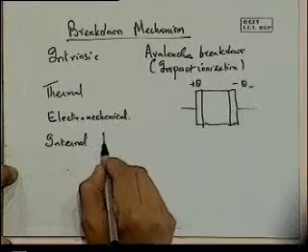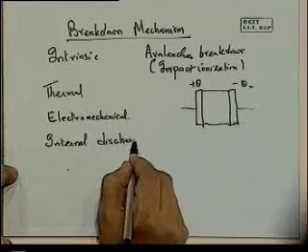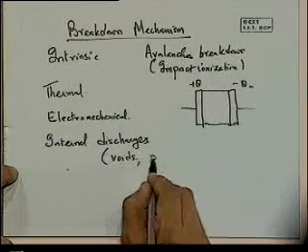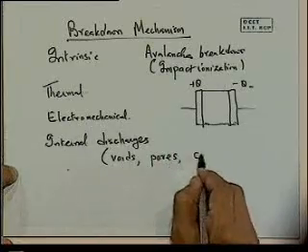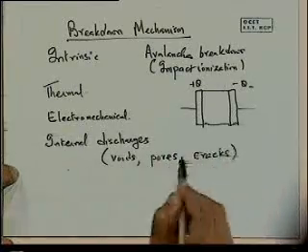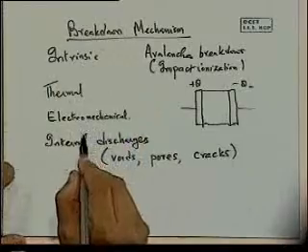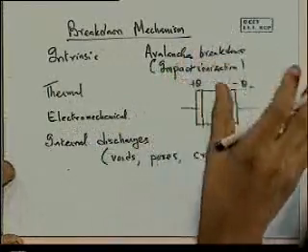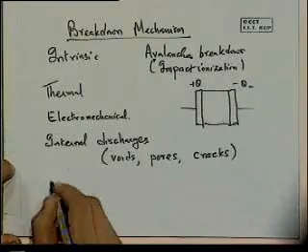Or you may get internal discharges. I mentioned that briefly when we were talking about microvoids: when you have voids, pores or cracks, some discharge may occur inside them, and it's going to be pretty hot there. That'll burn a little more and crack a little more, and eventually you get failure.